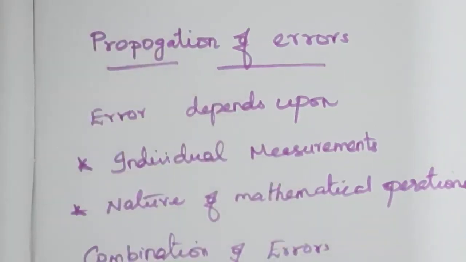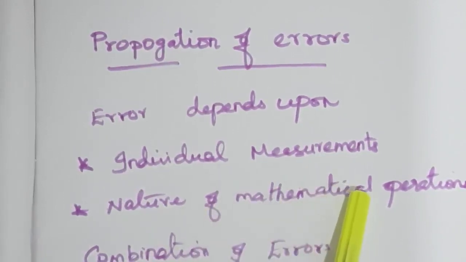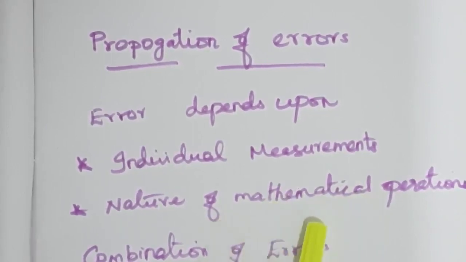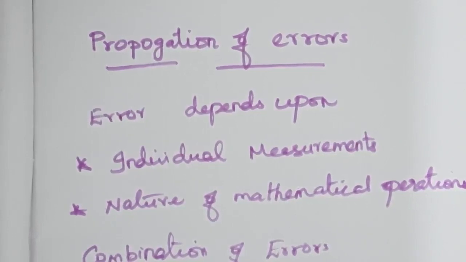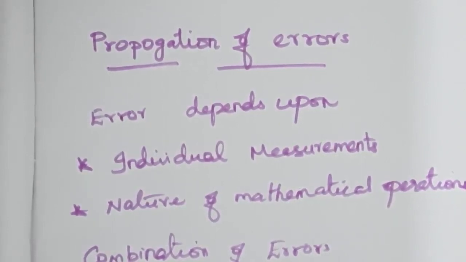Alright. So the error in the final result depends upon the errors in the individual measurements, and also the nature of the mathematical operations used to get the final result. So we have to combine all these errors with the proper rules.